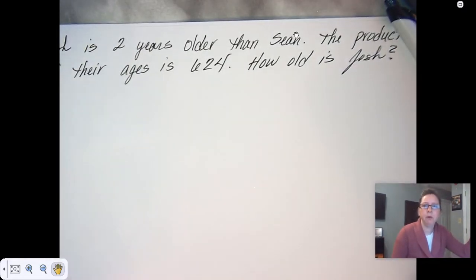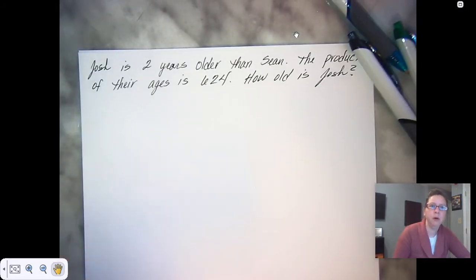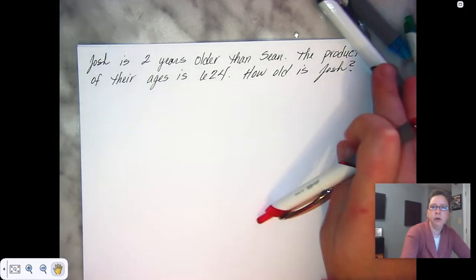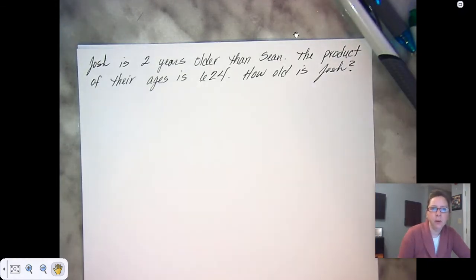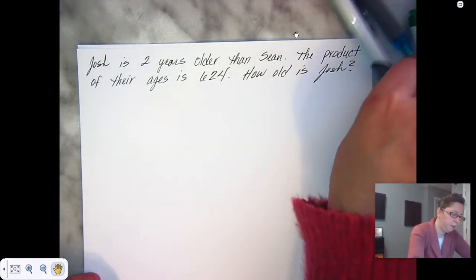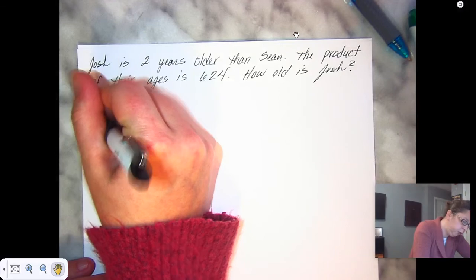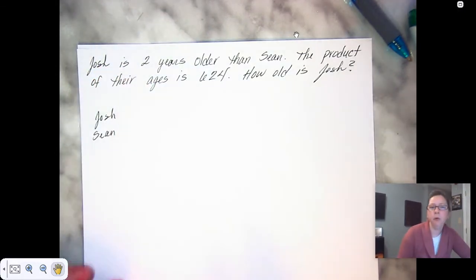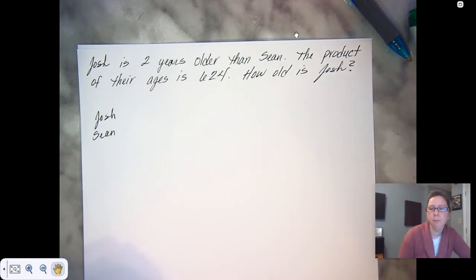So, a little bit more. Okay, this says Josh is 2 years older than Sean. If you remember way back when we had a problem like this, I told you you have two pieces of information here. You have Josh and you have Sean. You have two people or two objects, okay?